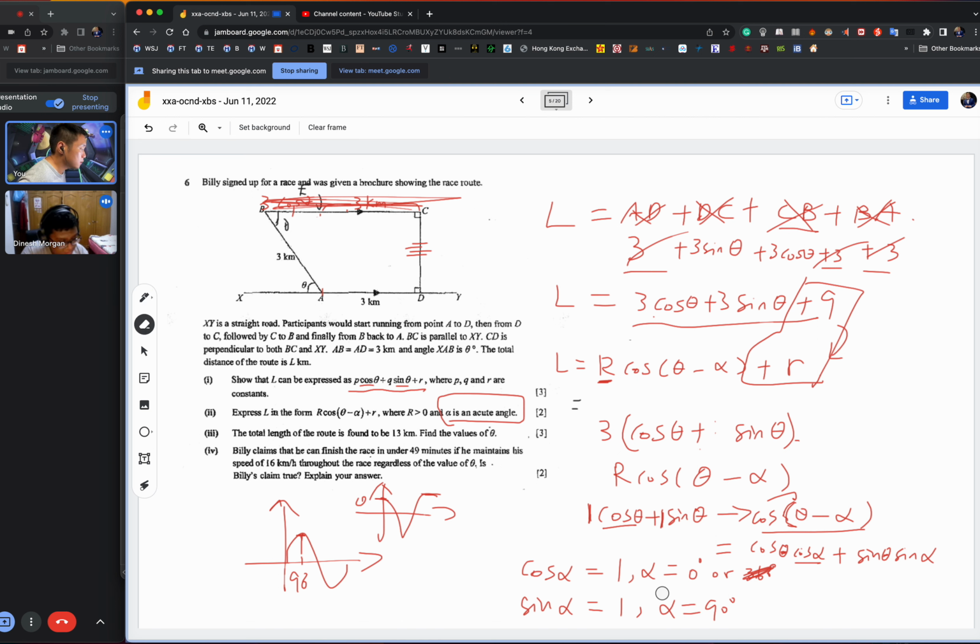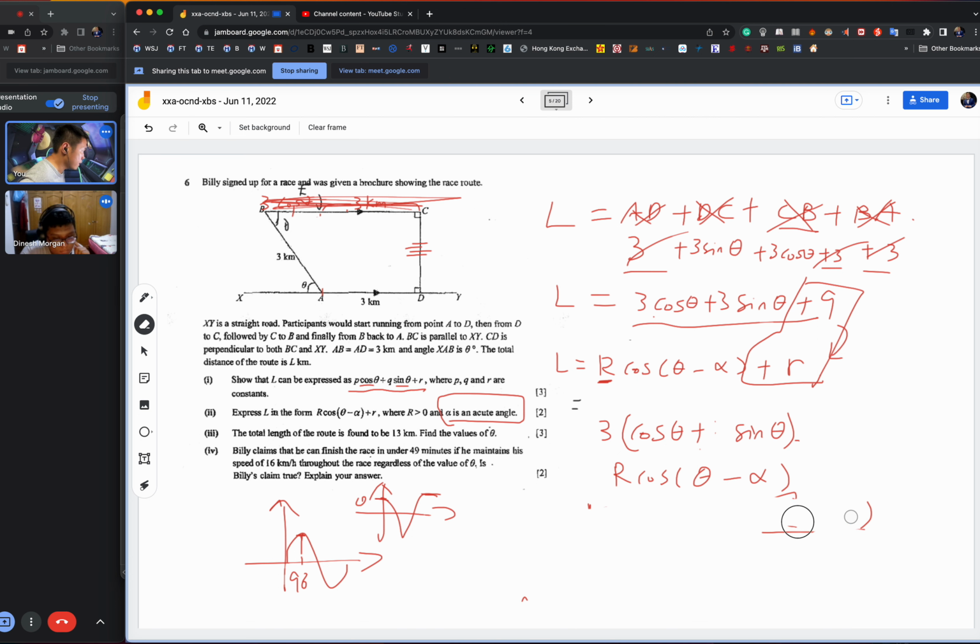Why I think so: because if I assume it's 90, basically this whole thing will get into this format. So what I'm trying to say is this thing will be equal to 3 cosine of theta minus 90 degrees. And I just have to prove to see if they are equal.